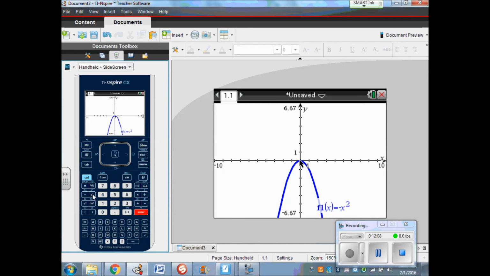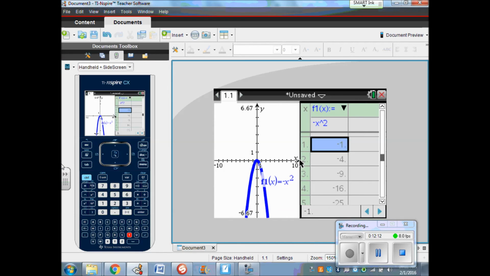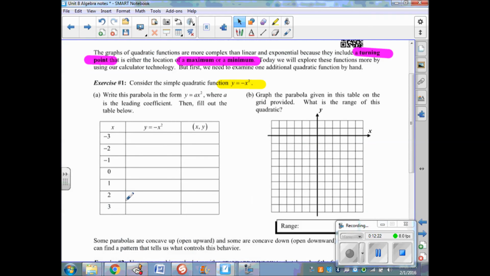And then you've got to fill in the table there. So when you go ahead and hit Control T, what do we want to fill in? Because obviously there's an infinite amount of points here. So right in the center of your table, you're going to want your turning point, because you're going to want to have 7 nice points that are going to give you a nice symmetric looking parabola.